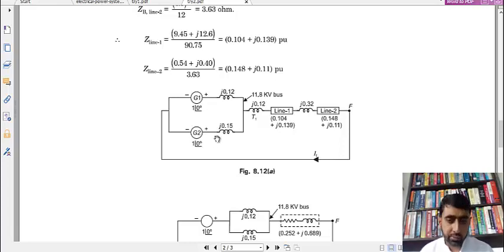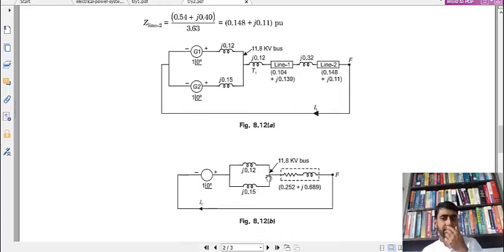Similarly, this can be equal to this minus J 0.15 and the current flowing through this. This can be done, but you have to write another step to calculate this current and then find this voltage drop and subtract it from this. But here you already have calculated this impedance multiplied with the fault current, so you can get the value of the voltage at this bus.